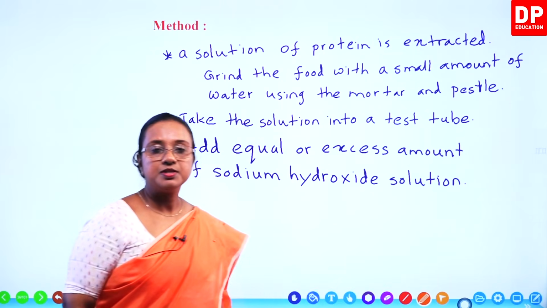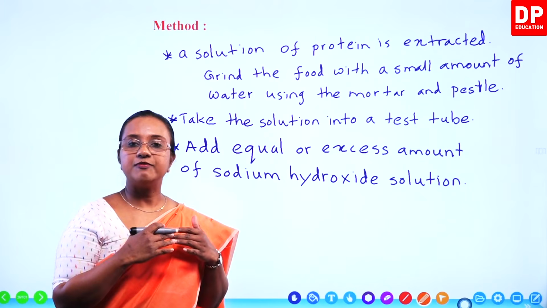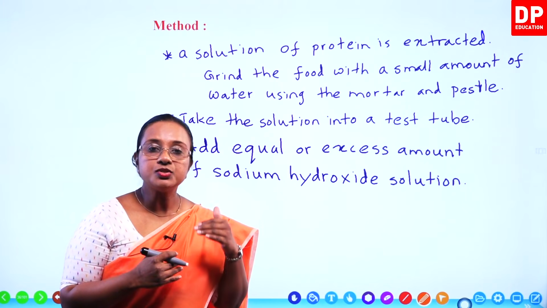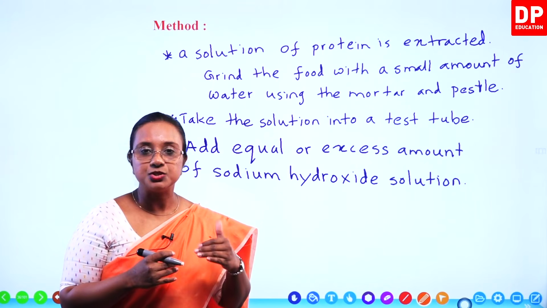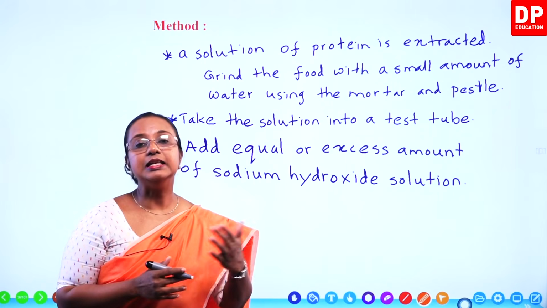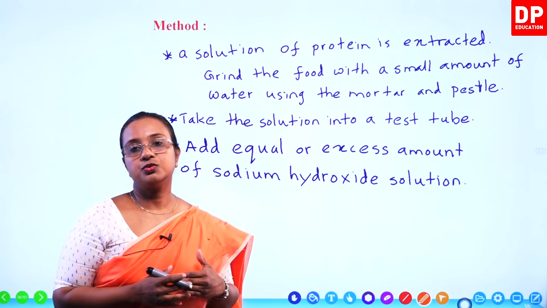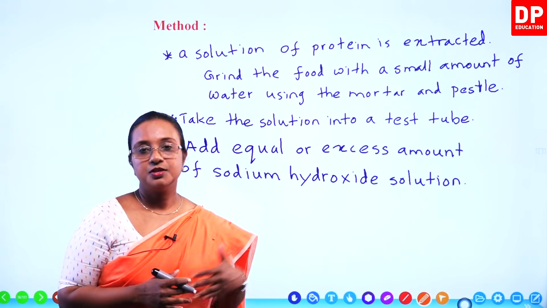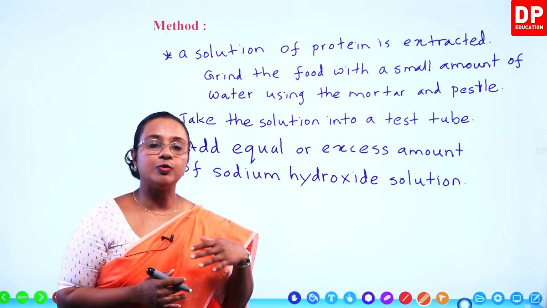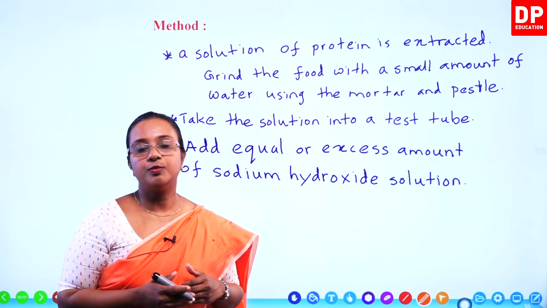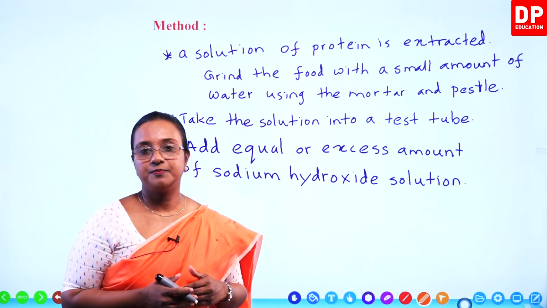You have to remember, students, either the volumes have to be equal or sodium hydroxide has to be slightly in excess. You can't add less sodium hydroxide. So, it has to be either equal or excess volume of sodium hydroxide.